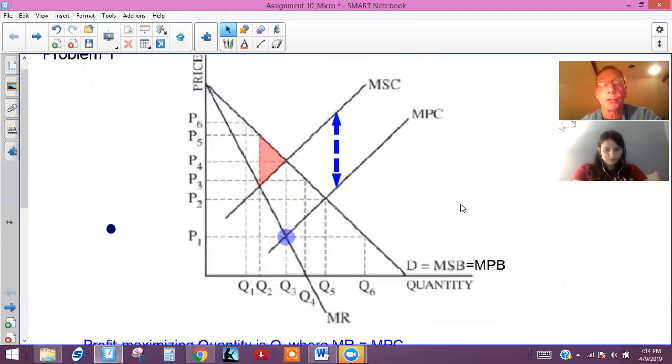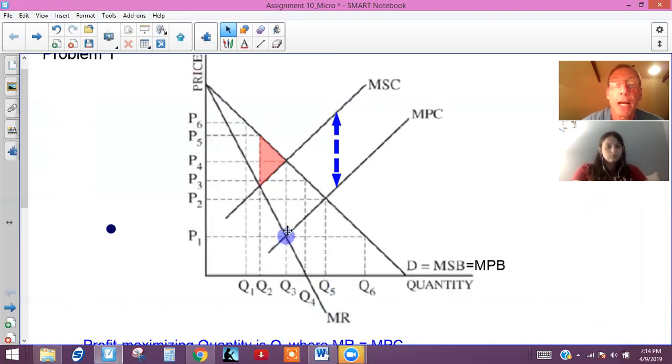So this is the same for any monopoly or monopolistically competitive graph that you look at. A monopoly or a monopolistically competitive firm is always going to produce where marginal private cost equals marginal revenue, which is in this case Q3.